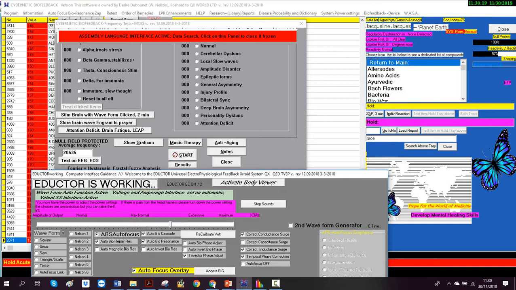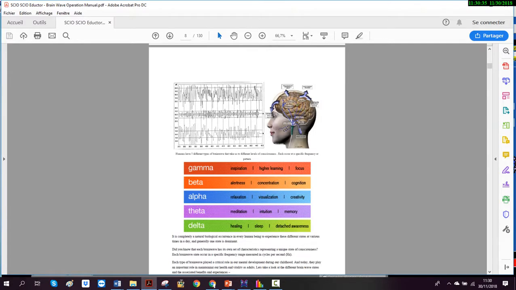Today in this presentation, I will not go into all the detail and the definition of all those conditions on the brain on the right, but I want to let you know that we have a wonderful manual that we share with the practitioner, so that they know about all those waves: gamma, beta, alpha, theta, and delta wave.